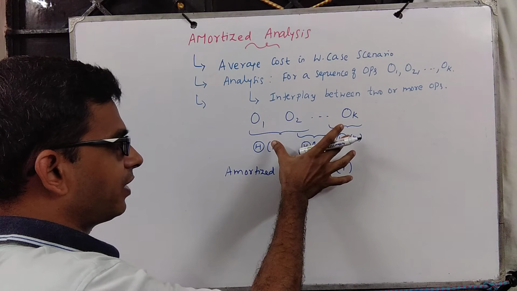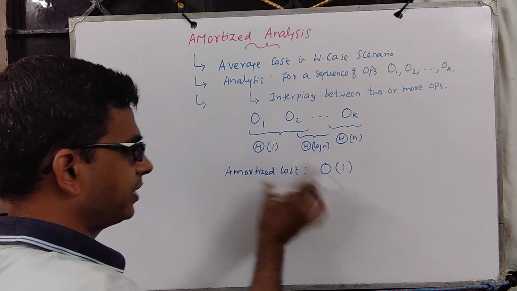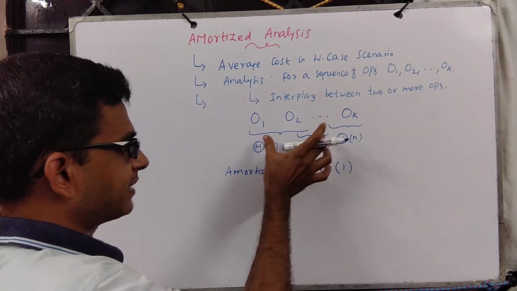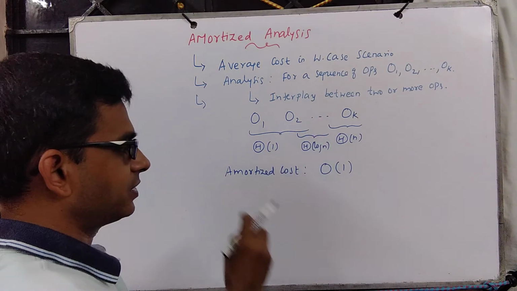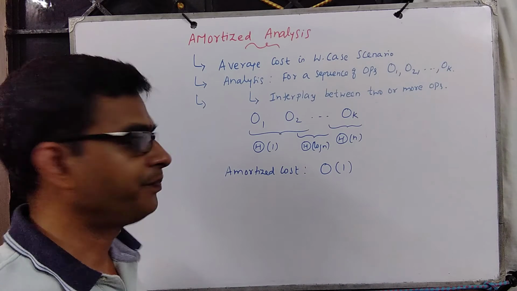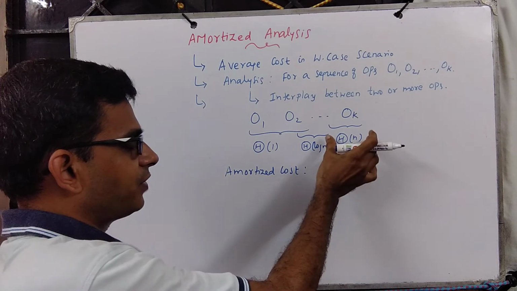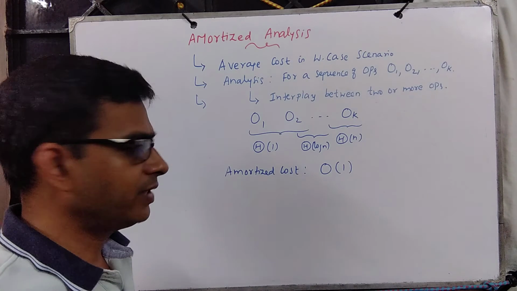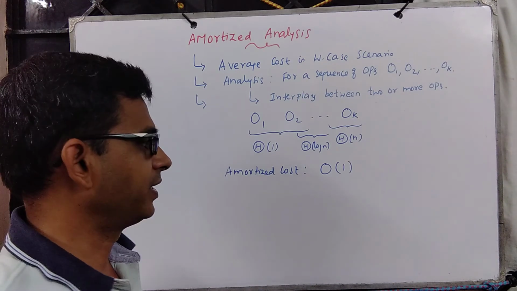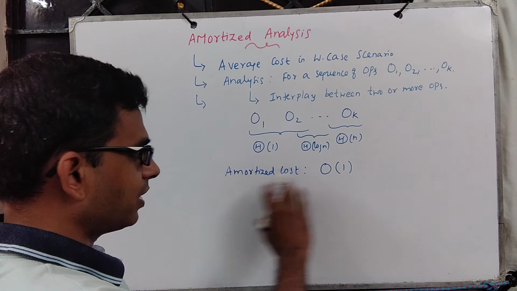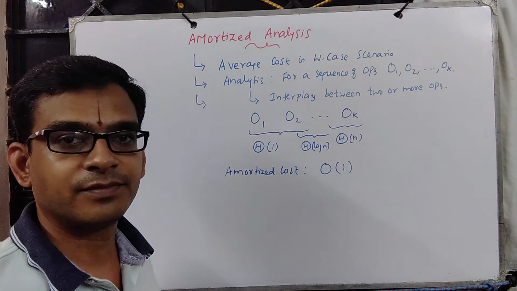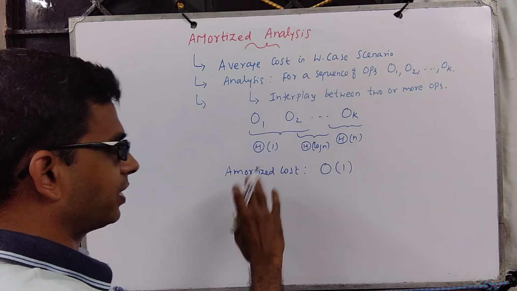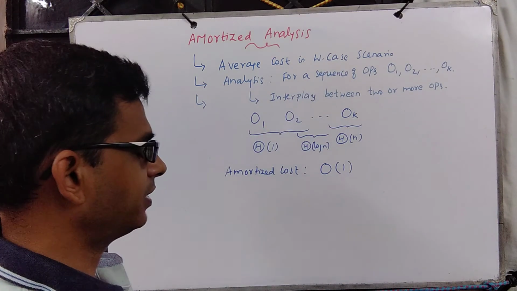When we say we want to get an efficient amortized cost, we want to do maximum number of operations as efficiently as possible, and minimum number of operations may not be possible to do efficiently. We will do it less efficiently, so that overall cost is still efficient. Okay, or the average cost in the worst case scenario or amortized cost is efficient.